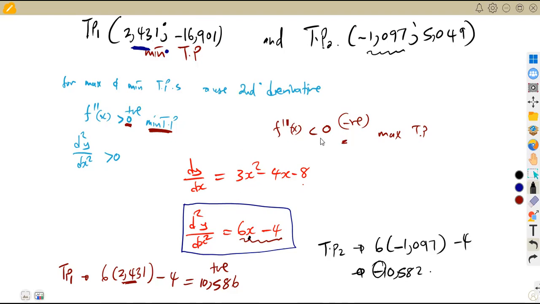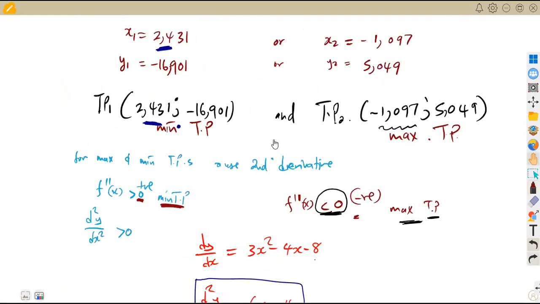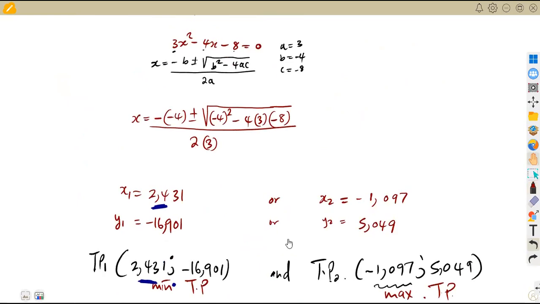A negative value means the second derivative is less than 0, and that point must be a maximum turning point. So our second turning point is a maximum turning point. That is the condition they are asking you to apply. You work from the second derivative to determine whether it is a minimum or maximum.